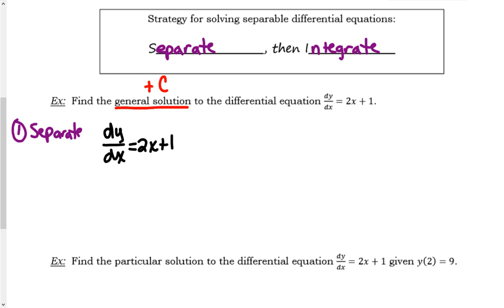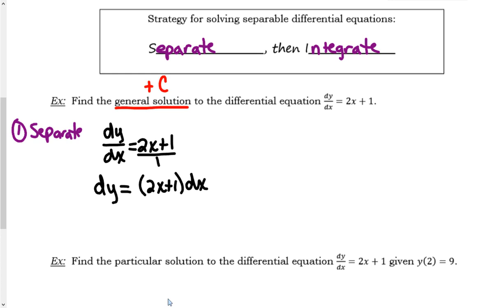And again, the first kind of thing we look for is just your basic cross multiplying. If I cross multiply, I have dy times 1 is equal to 2x plus 1 times dx.